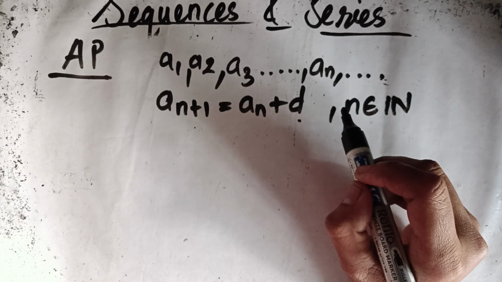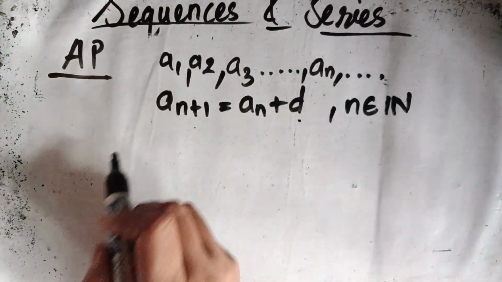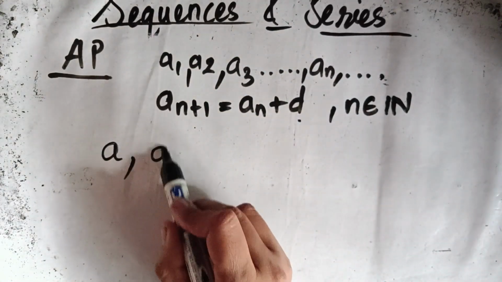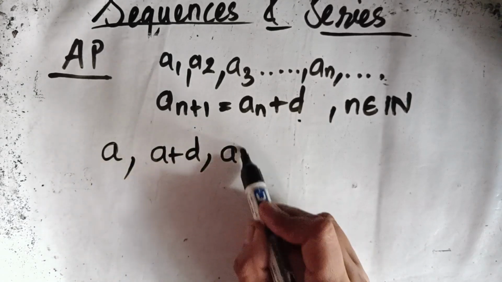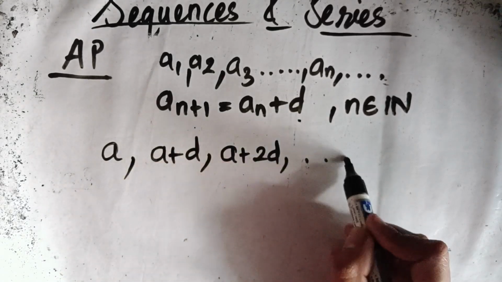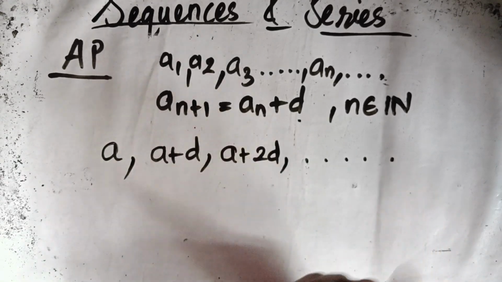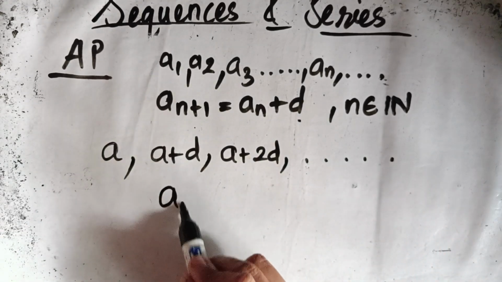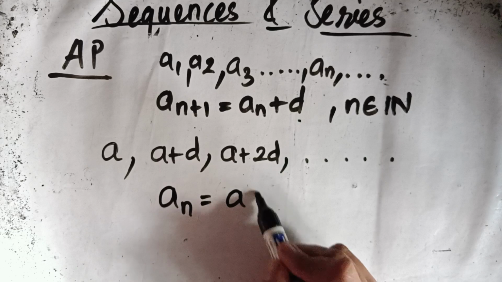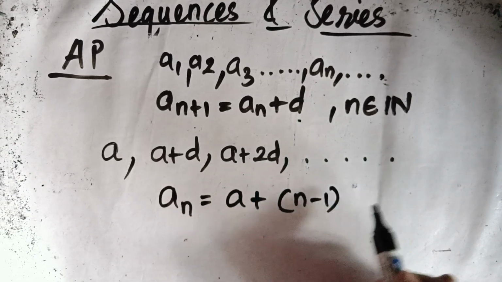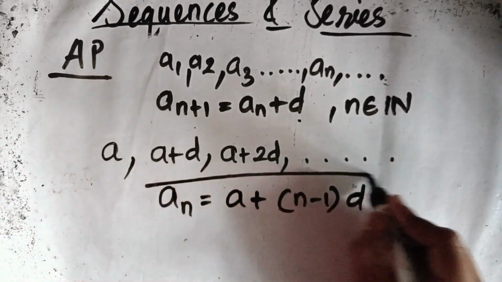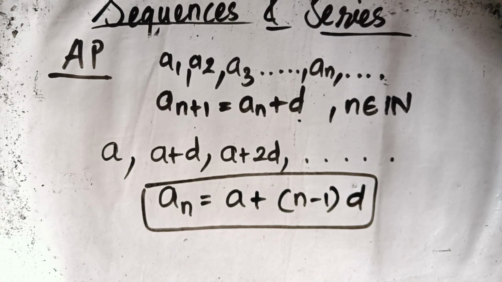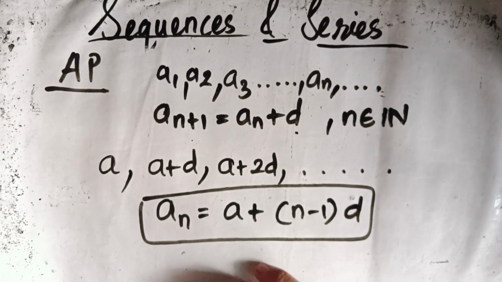So the terms in AP are given as a, a plus d, a plus 2d, and so on. So the nth term, that is the general term, is given by an equal to a plus (n minus 1) into d. Okay. So arithmetic progression is a sequence of numbers where we have a finite common difference, that is, the common difference is the same.